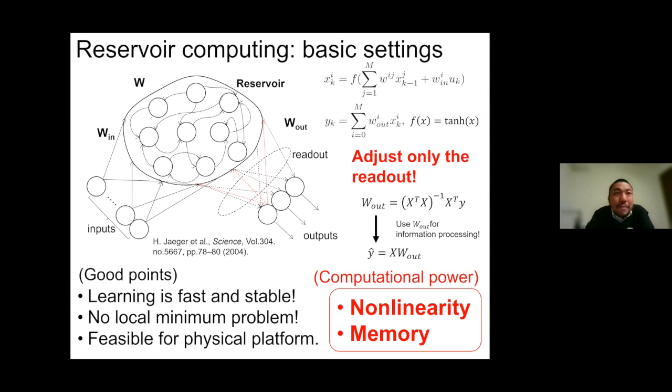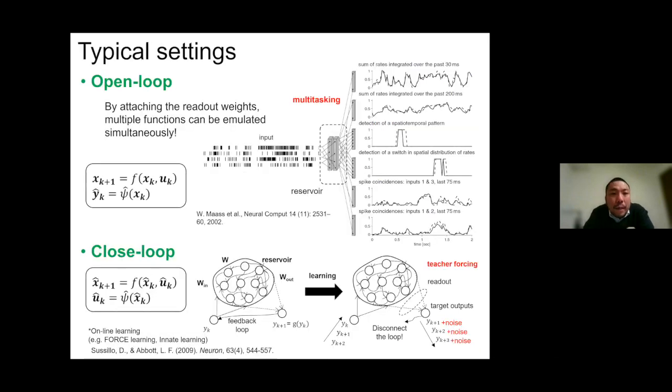So the important point for this framework is that we can exploit the intrinsic dynamics of the reservoir for computational purpose. And as always, we have two typical system constructions. The first one is open loop, and the second one is closed loop.